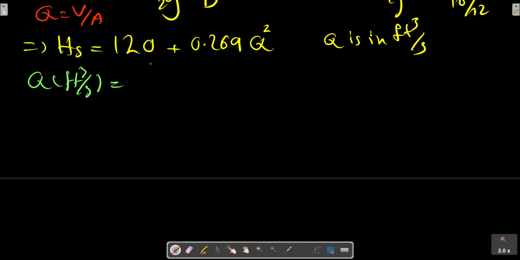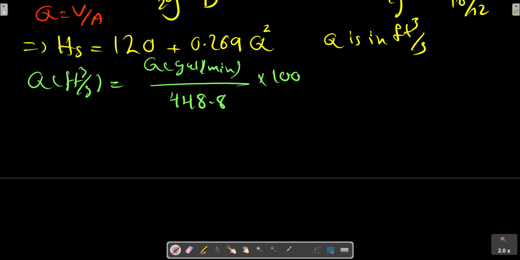If we write Q in gallon per minute, this is a relation, multiplied by 1000.